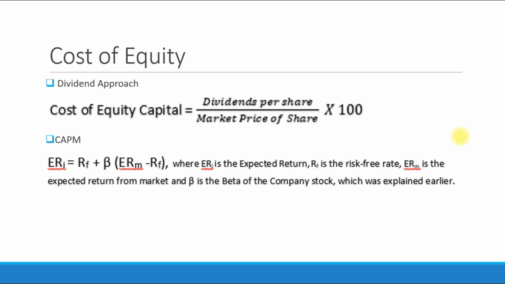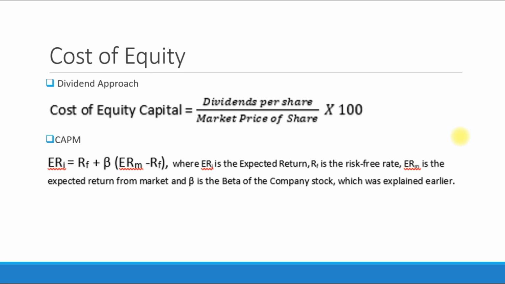Now let us see what cost of equity is and what it does. Cost of equity is tricky and not as straightforward, because in the case of debt, the interest that the company pays for debentures or bonds, or the yield, becomes the cost of debt. Whereas in the case of equity, it is the rate of return the shareholders demand that becomes the cost of equity.